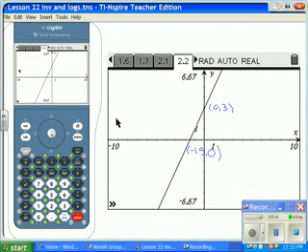These are the intercepts. So what I'm going to ask you to do is find what the inverse of these 2 points are. Okay? The inverse of the point 0, 3 is 3, 0. The inverse of this is 0, negative 1.5. So now we're going to plot those points on our graph using our point on tool, which can be found in our menu.